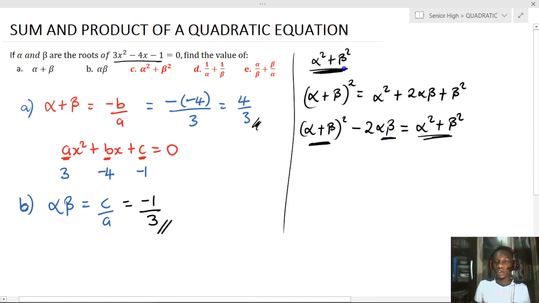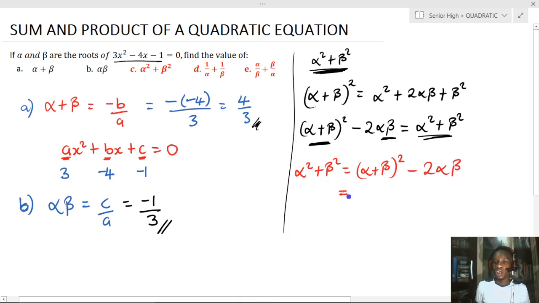Therefore, when I'm to solve for alpha square plus beta square, I will rather solve for alpha plus beta, close the bracket, to the power 2 minus 2 alpha beta.